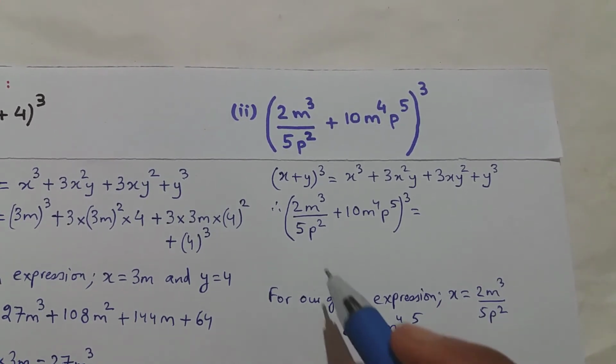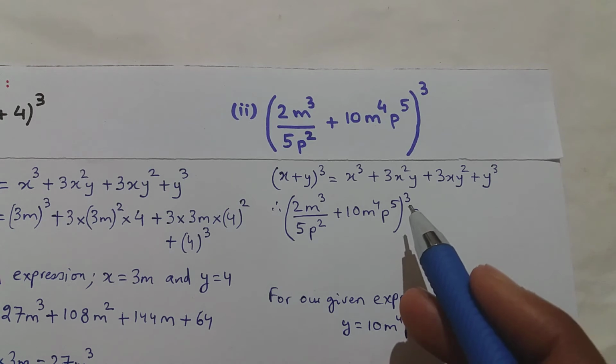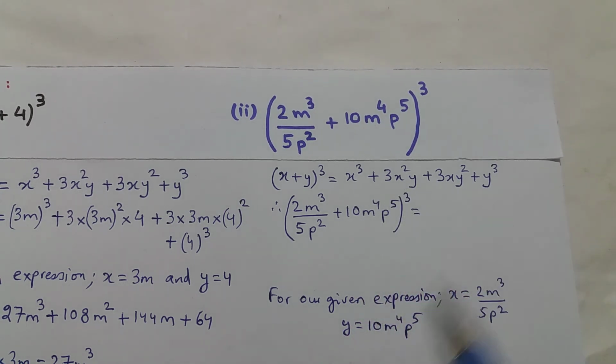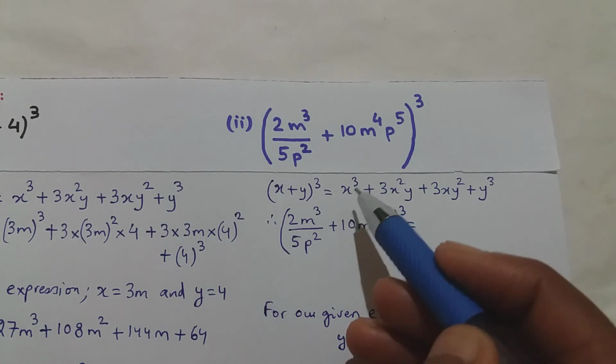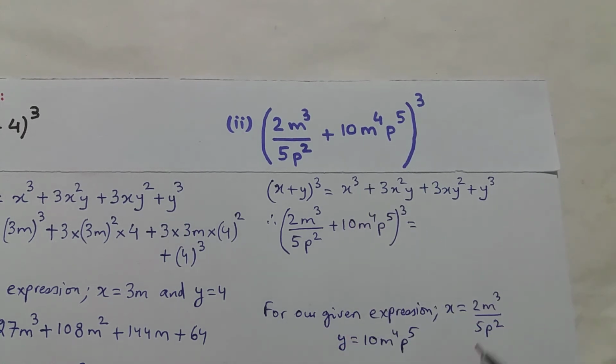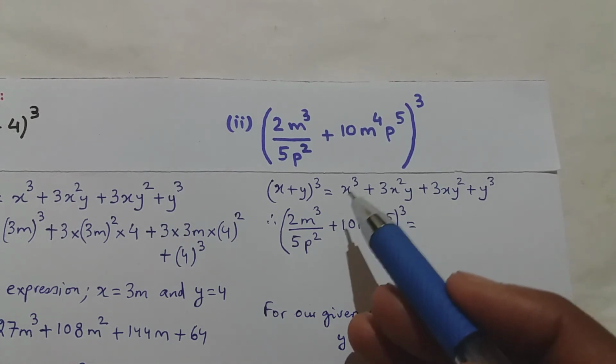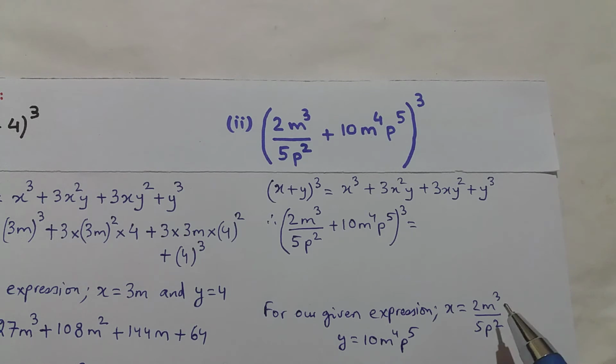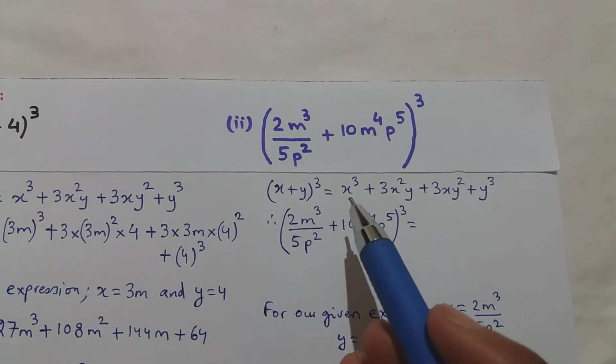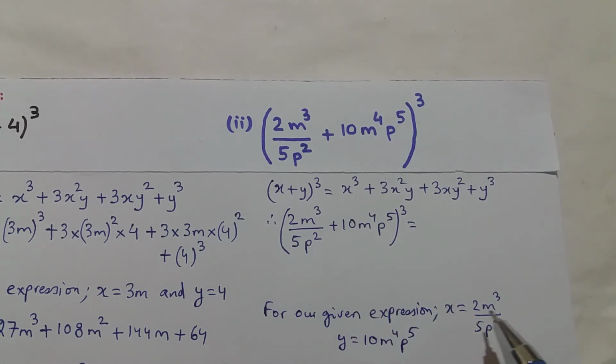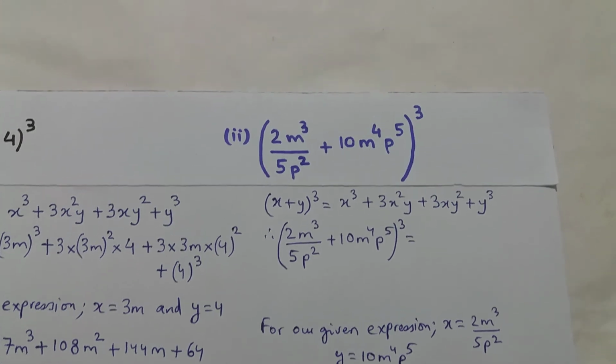And now we will expand the given expression using the way they have done it over here. So it is x cube. For our given expression, x is 2m cube upon 5p square. So therefore x cube will become (2m cube upon 5p square) whole cube.